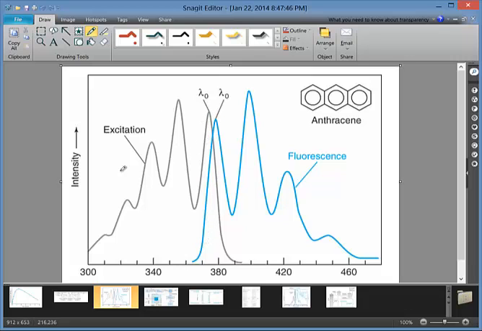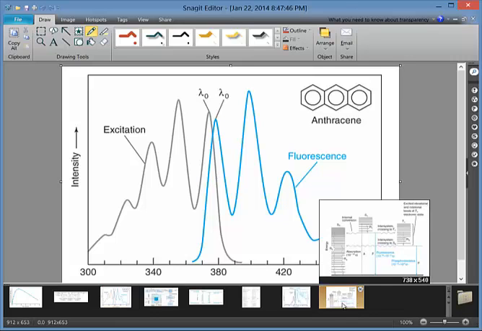We see 1, 2, 3, 4 peaks, 1, 2, 3, 4 peaks, and there is very close similarity, but not exact overlap between these two peaks right here. So we'll come back to this in just a minute to see if we can explain this figure.